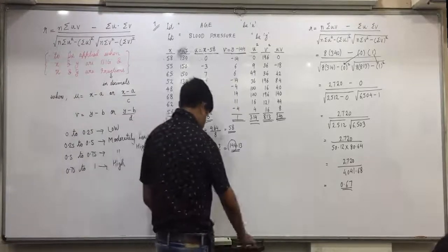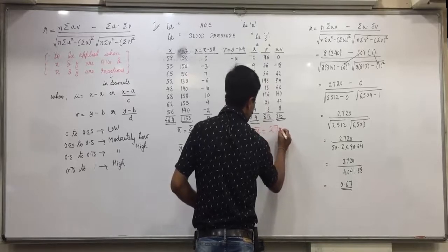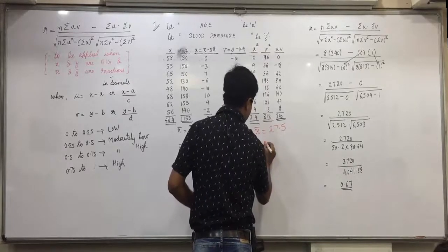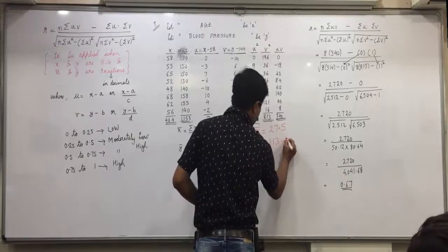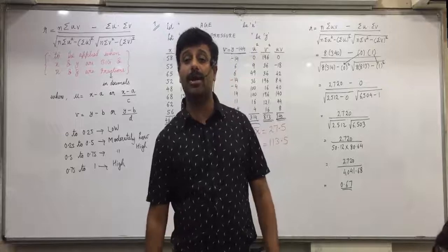What x bar do you get? 27.5. Y bar? 113.5. Who all are still finding x bar and y bar? Raise your hand.